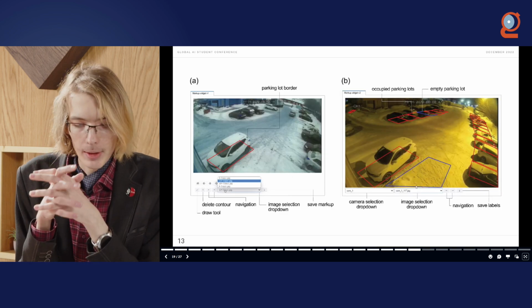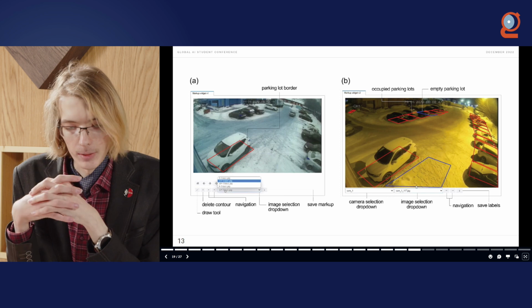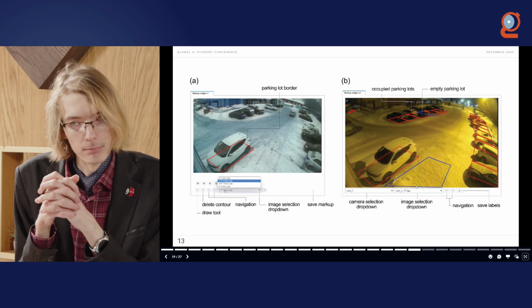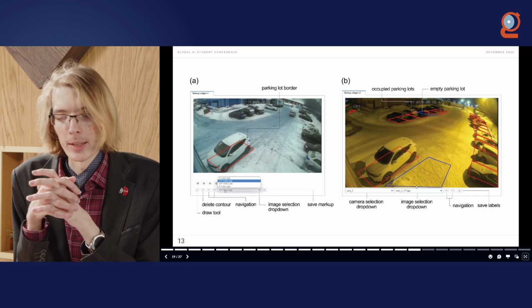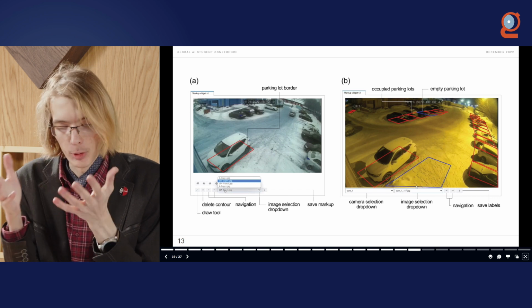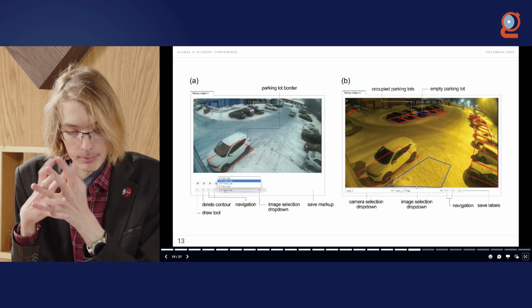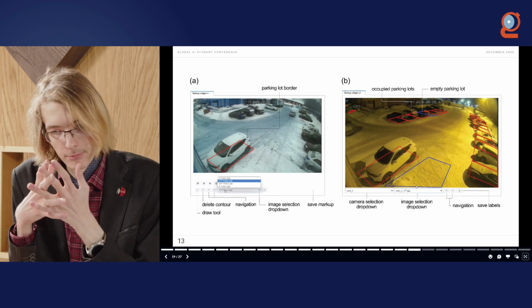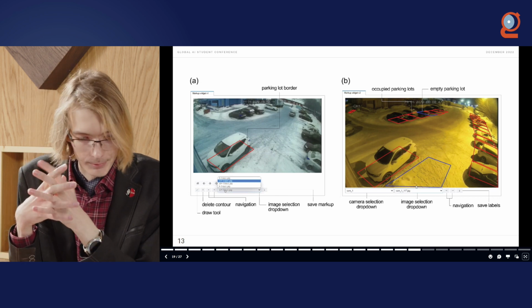So how can we overcome this problem? We need to add some additional annotations to our data. We need to extend the presented data with some additional tool.